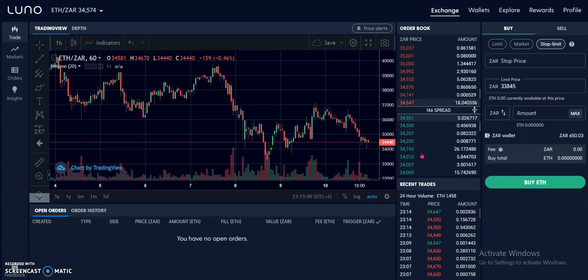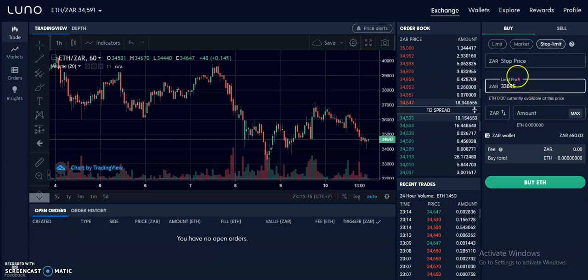So not the price to buy at, but a price where it'll program the order to go into the order book. So when the market moves quickly, the order is already in the order book and you don't miss out on the opportunity of hitting your buying price.